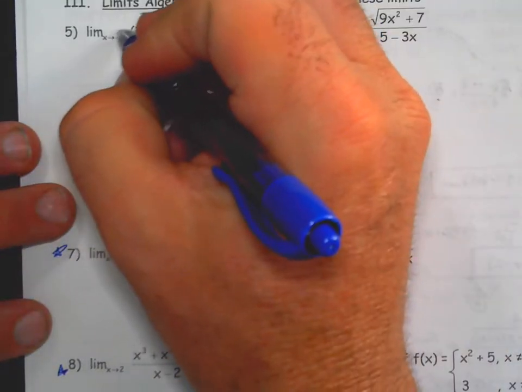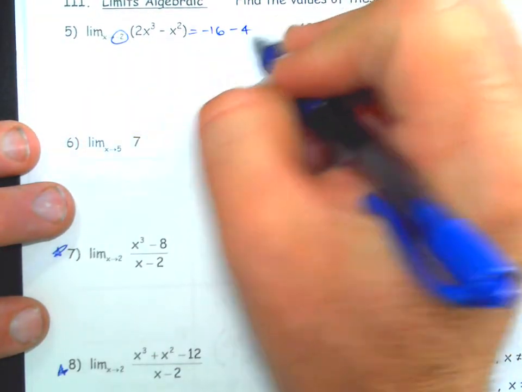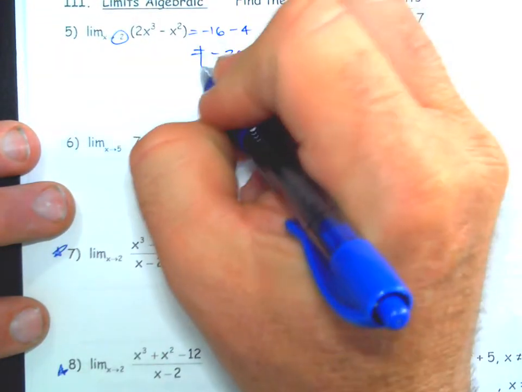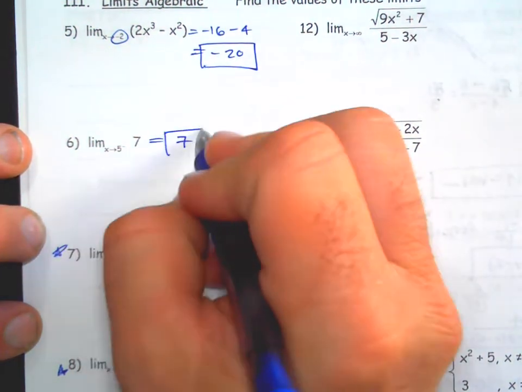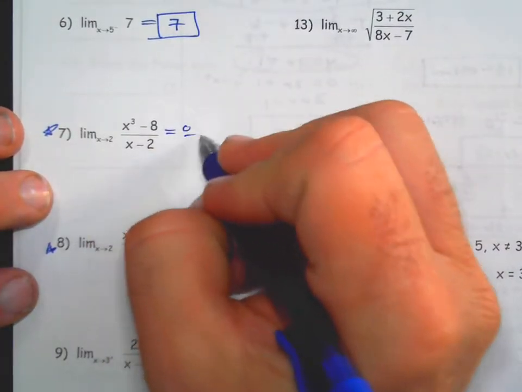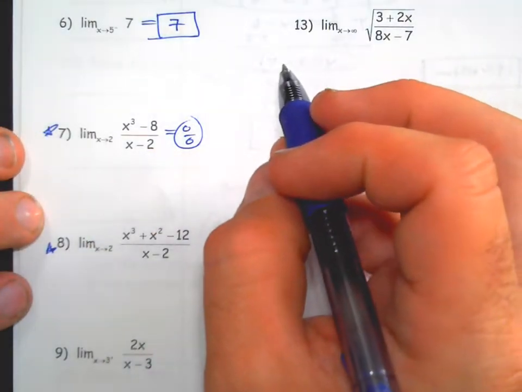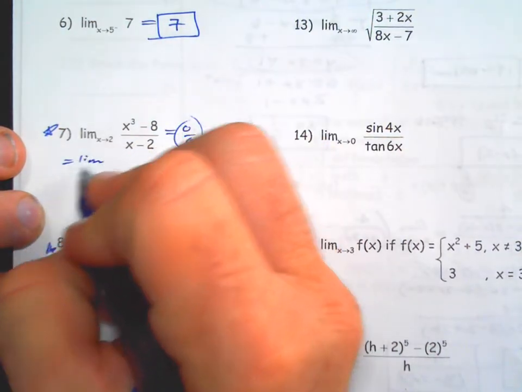First things first, plug in negative 2, you get negative 8, negative 16 minus 4 is negative 20. Super easy. Sometimes it's not hard. This is going to be 7, right? This one's going to give you 0 over 0, which is an indeterminate form, which means there's probably a hole in the graph, so we could try to factor it.